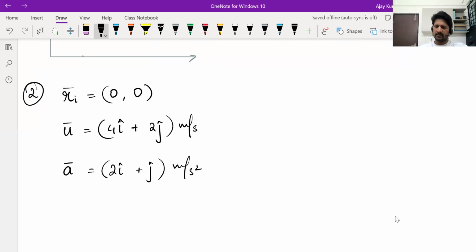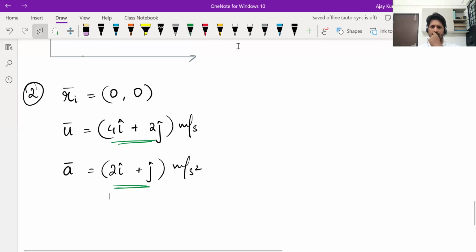Look at the velocity and acceleration and tell me, any of you, if you see a relation between them. Do you find any relation between those two vectors? Sir, velocity is twice of acceleration.